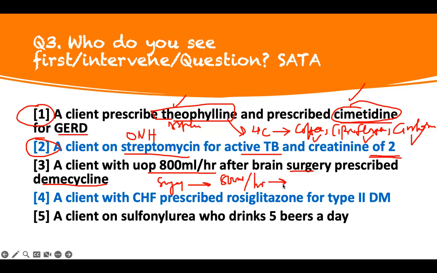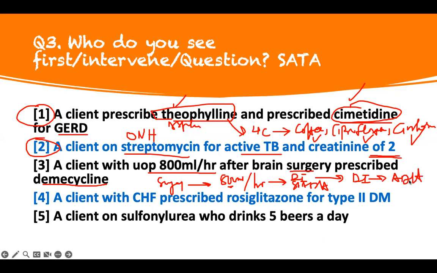You're not supposed to. Everybody who has brain surgery is at risk of what? DI or SIADH. So what condition does this patient have? It's peeing too much in an hour. So this is diabetes insipidus.